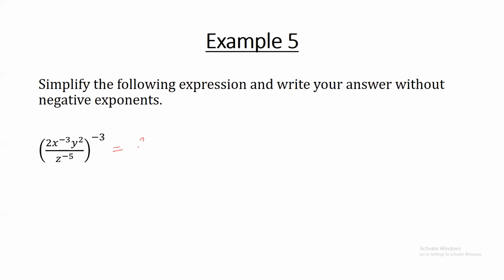So that's 2 to the negative 3, x to the negative third to the negative 3, y squared to the negative 3 over z to the negative 5th to the negative 3.